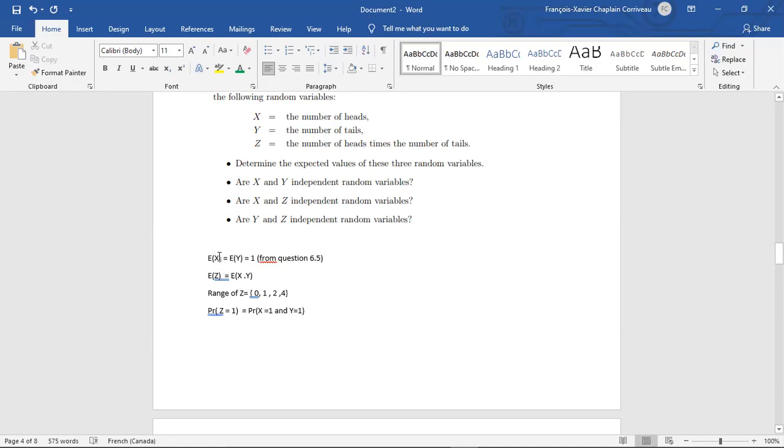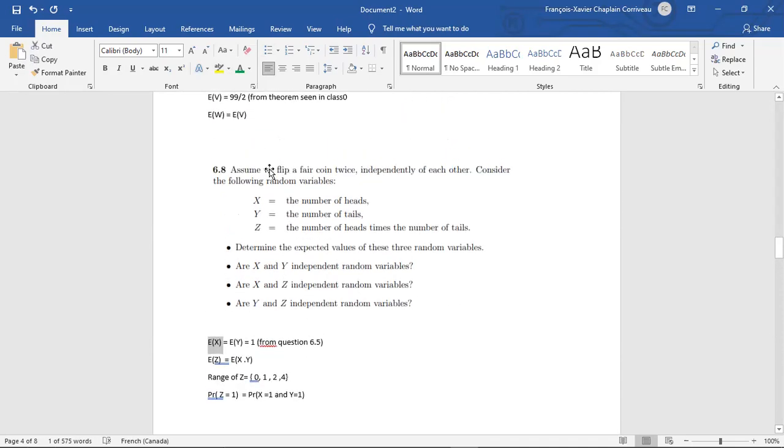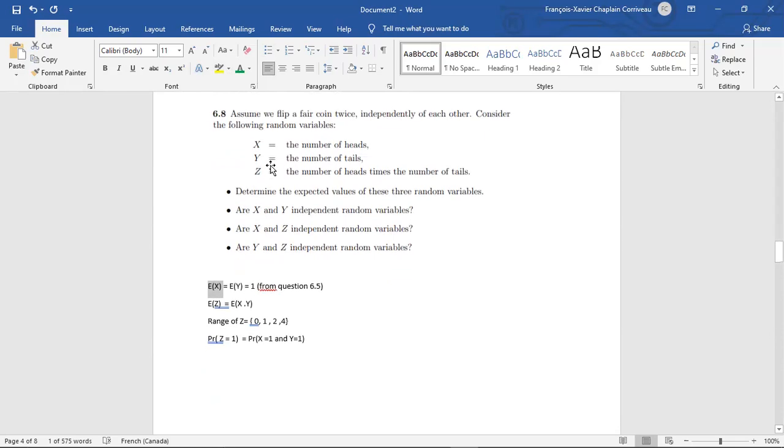So just be careful. What might confuse you is that this X is not the same as in number 6.5, and this Y is not the same as in question 6.5. But we have computed the expected number of heads in 2 flips. We have done that in question 6.5.